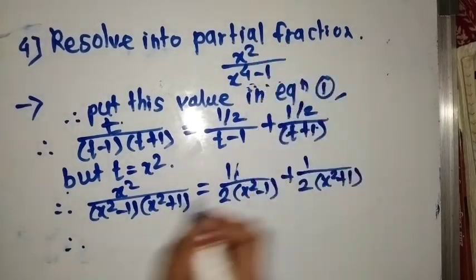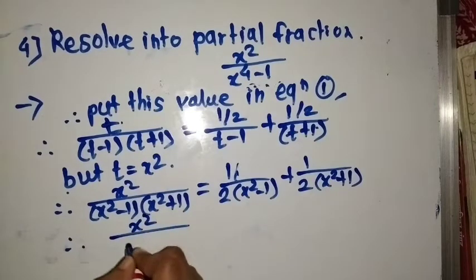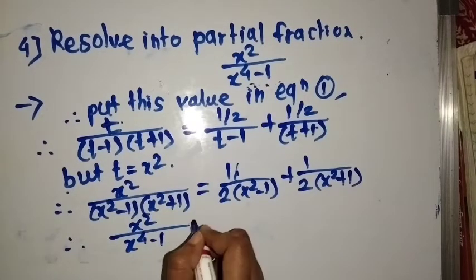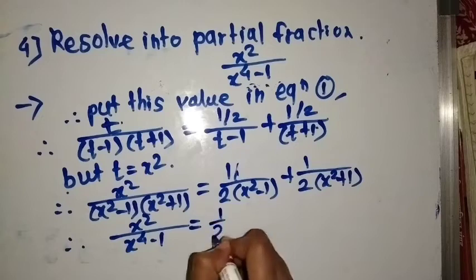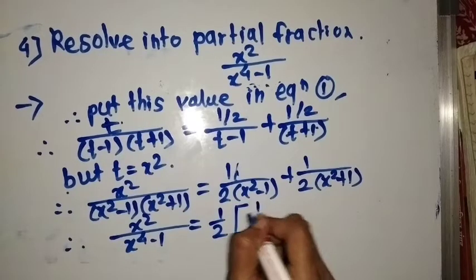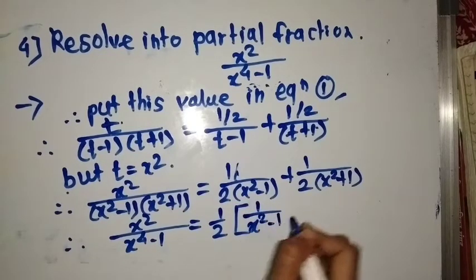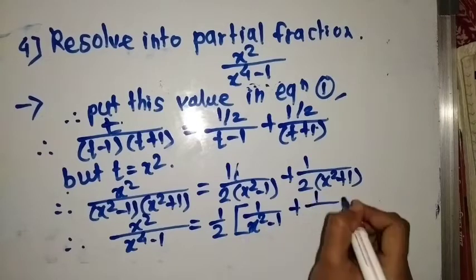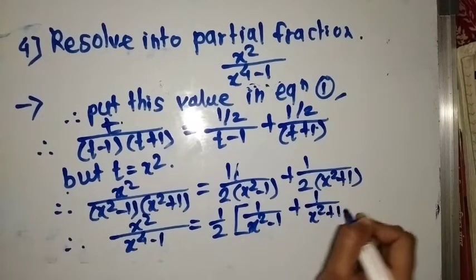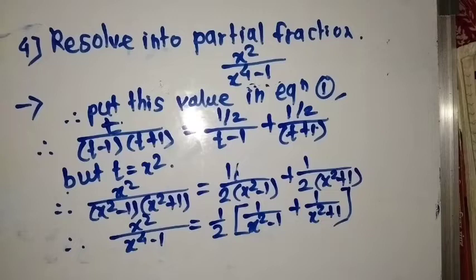Hence we get this answer x square upon x4 minus 1 as 1/2 common, and 1 upon x square minus 1 plus 1 upon x square plus 1. Hence we get this partial fraction.